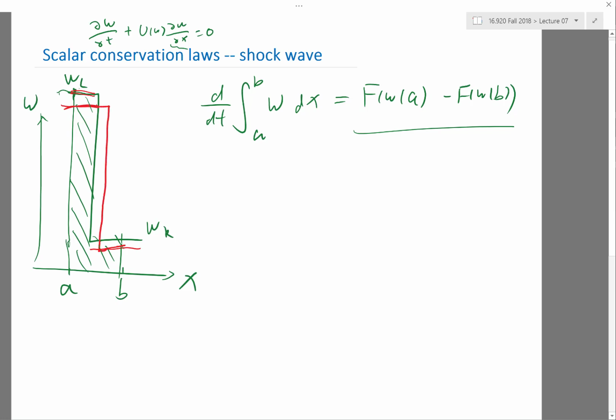Let's imagine it moves right a little bit. Which mechanism is going to contribute to d/dt of the integral between A and B the most, assuming I'm taking a very infinitesimal interval around the shock wave? Motion of the shock.